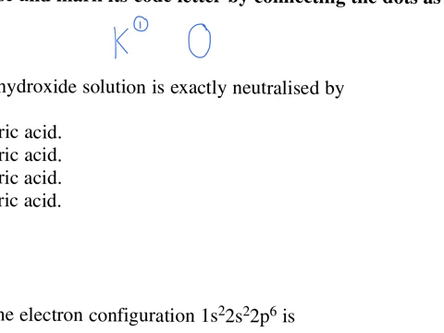Hydroxide, its formula is OH, and it has a charge of minus, so that means its valency is 1 as well. So we swap and drop that, and our formula of potassium hydroxide is KOH.